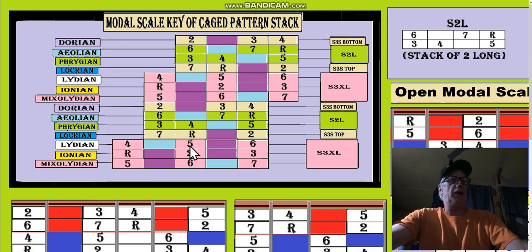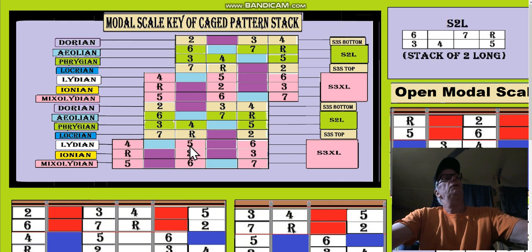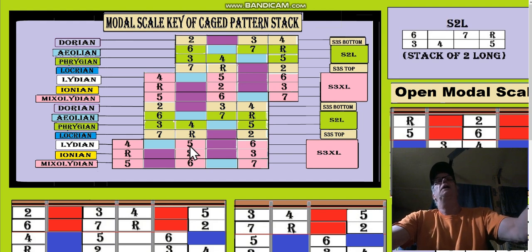When I say 5, you might say, what do you mean a 5? Whatever key you are in, it would be the 5th degree. So if it's C, it's root, 2, 3, 4, 5. And then the 5th scale would be following all the C scale keys from that 5th.